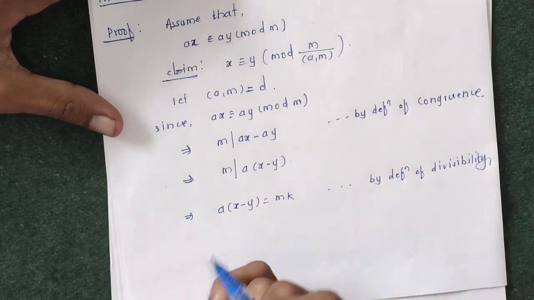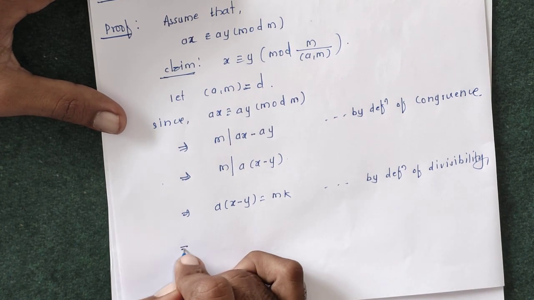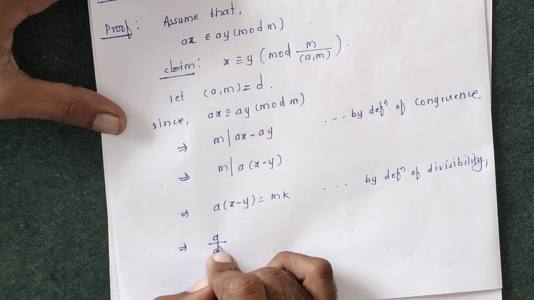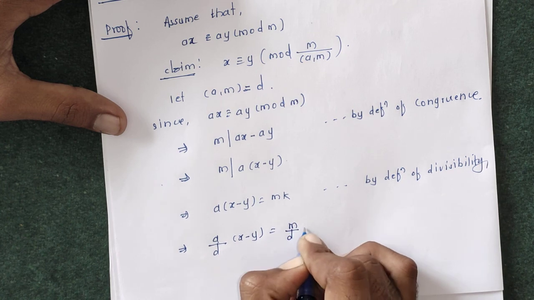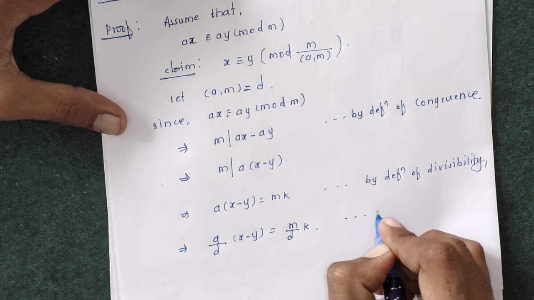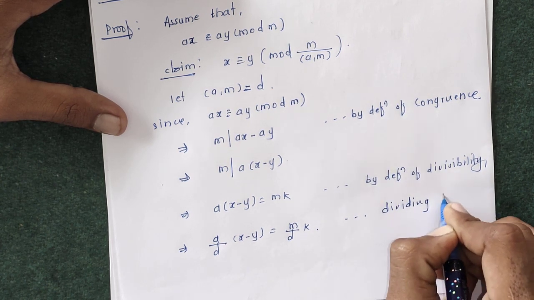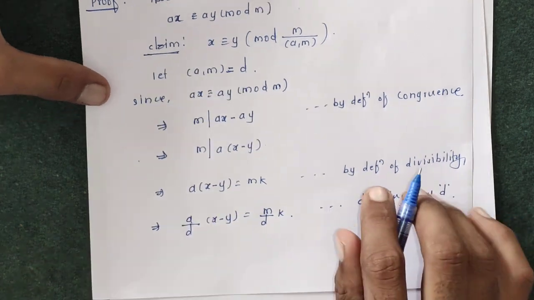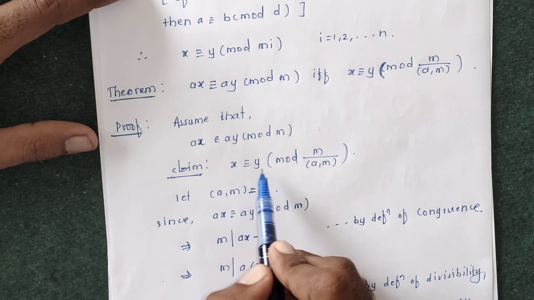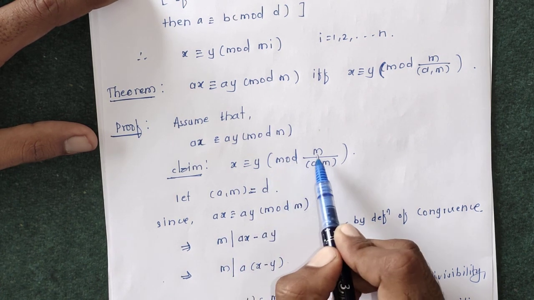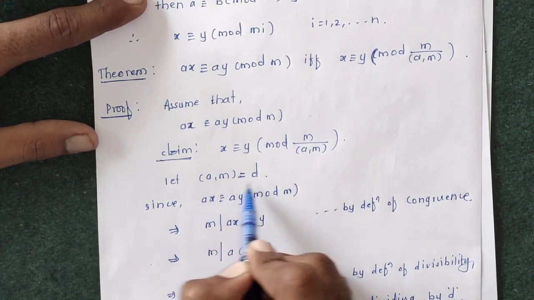Now dividing both sides by d, we get a upon d into x minus y is equal to m upon d into k. This division is because we are going to prove that x is congruent to y modulo m upon GCD of a and m, and GCD of a and m is considered as d.